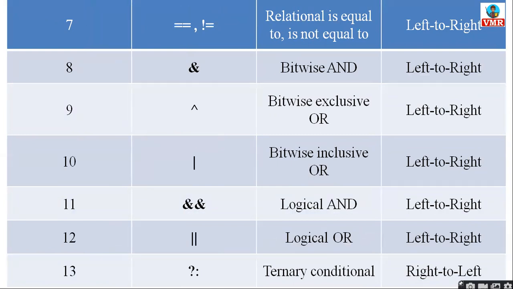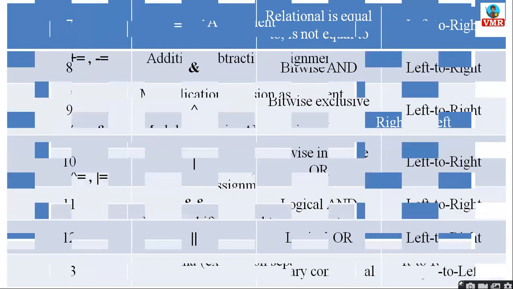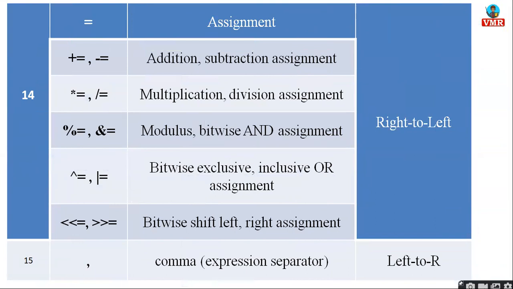And then double ampersand, that is your logical and, left to right, and logical or, left to right. Question mark, that is your ternary operator, goes from right to left. And then the 14th one, you have the assignment operators: assignment, addition assignment, subtraction assignment, multiplication, division, modulo assignment, and bitwise and, exclusive or, inclusive or, and bitwise shift left, right assignment.